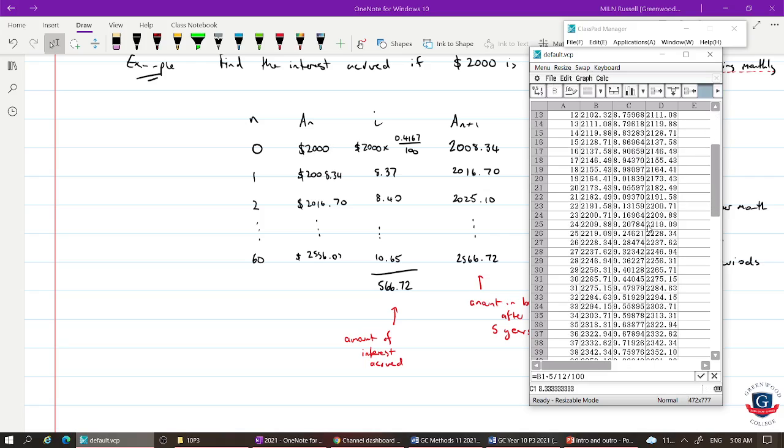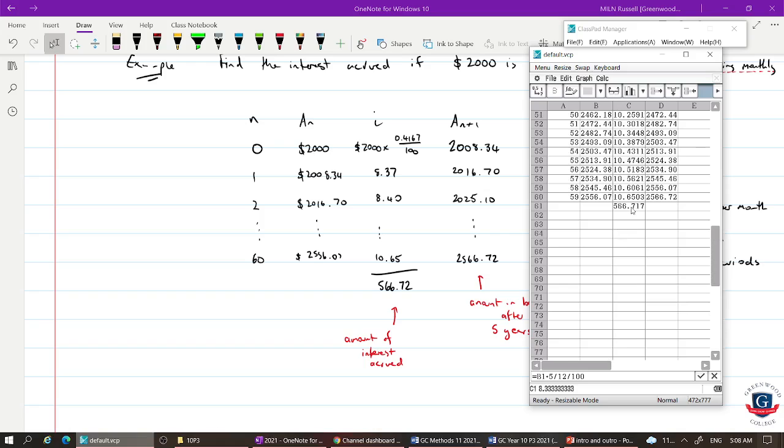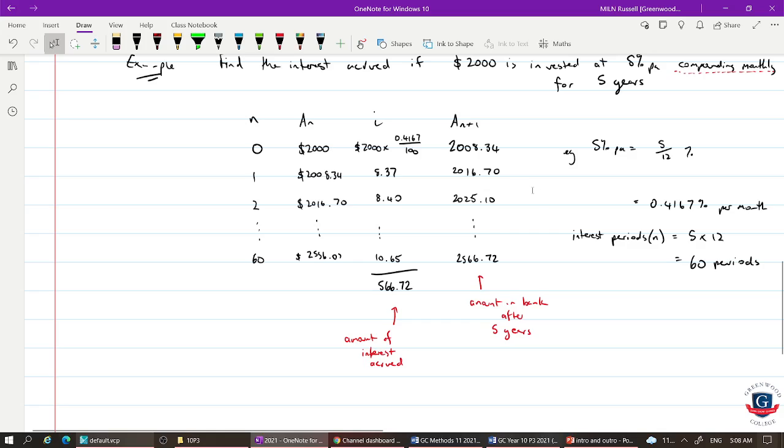And lo and behold, right down the bottom here somewhere, we should get 566.72 if I've done it correctly. And there it is, 566.72. And 2566.72, as expected.